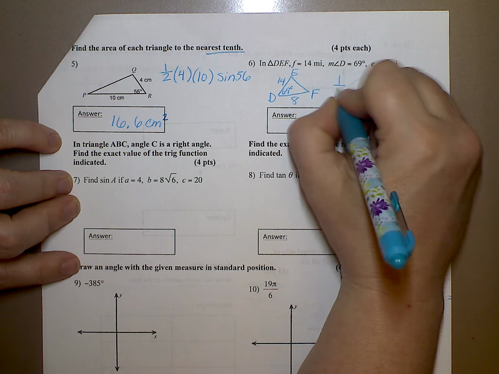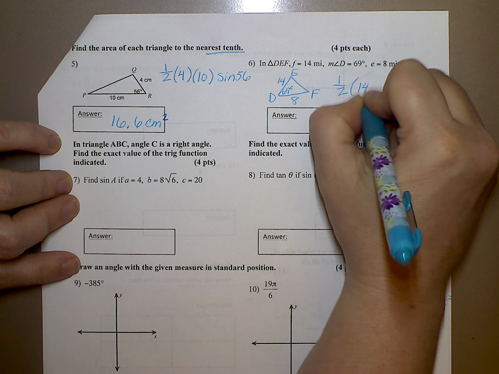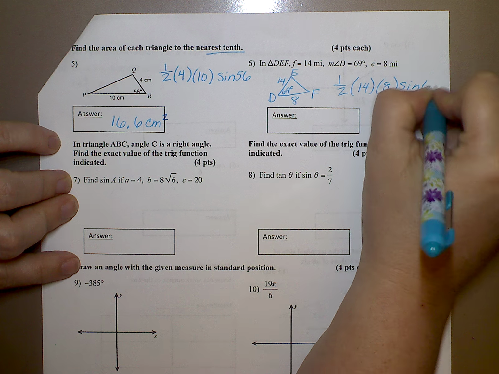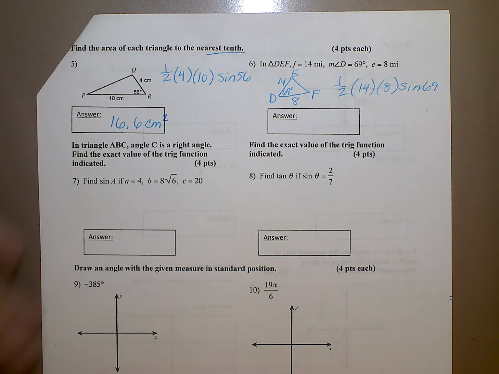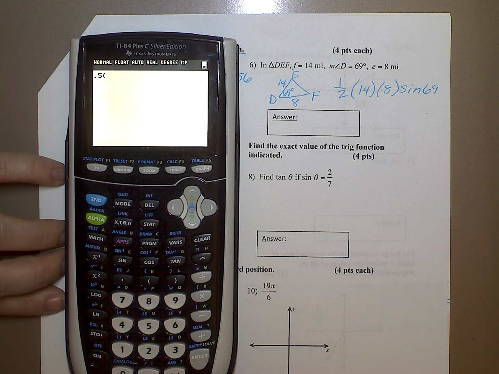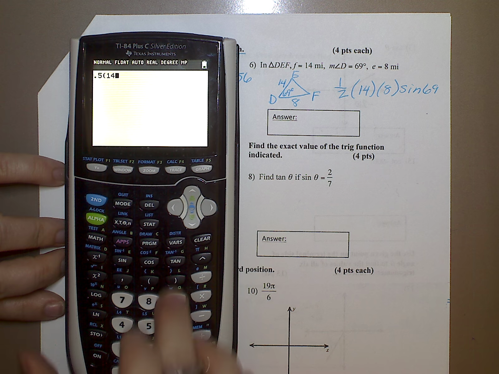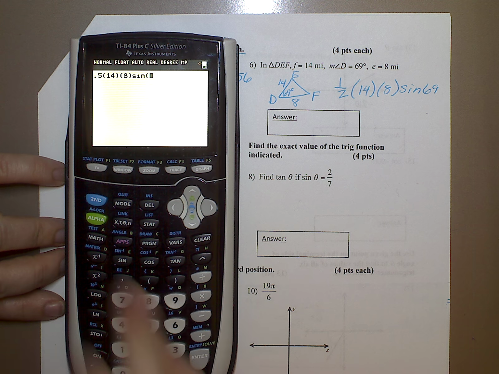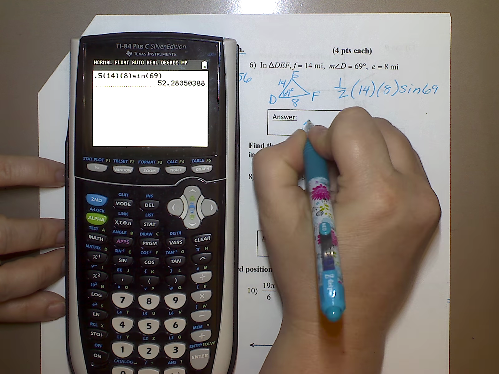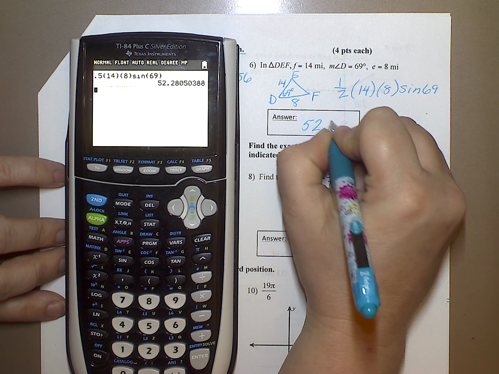So you're going to do 1/2 times one side times the other side times the sine of the angle between. For the area formula, yes. So 1/2, I'm using 0.5 in my calculator, times 14 times 8 times the sine of 69. And that gets me 52.28, which rounds off to 52.3.